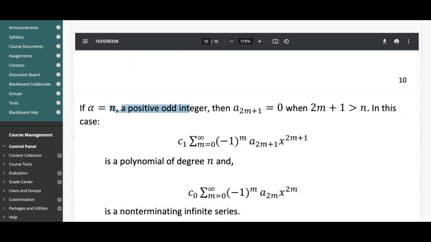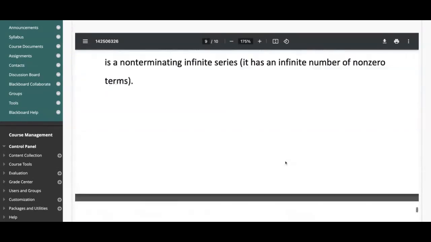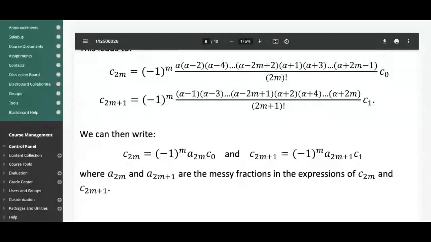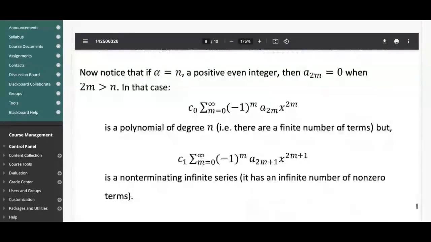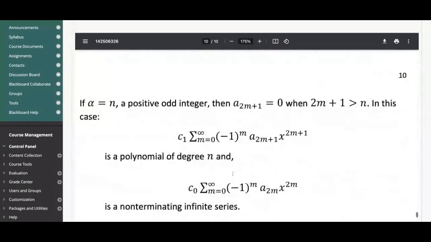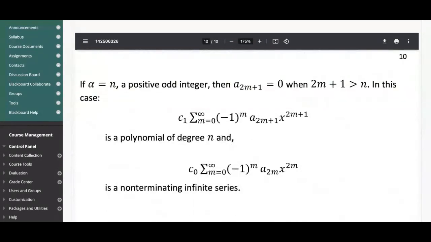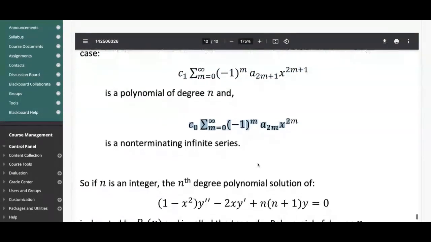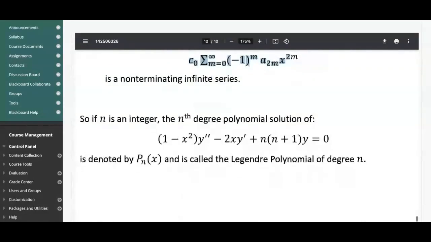If alpha is a positive odd integer, then the odd terms will disappear, because those are always the odd terms, alpha minus 1, alpha minus 3, and so on. Similarly, these odd terms will be a polynomial of degree n, and the even ones will be a non-terminating infinite series.